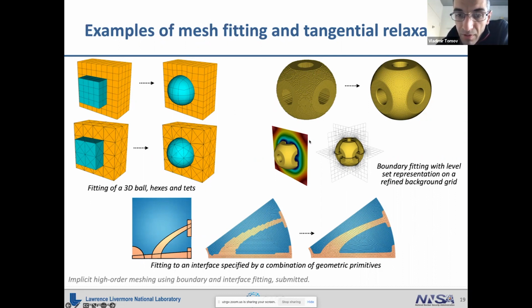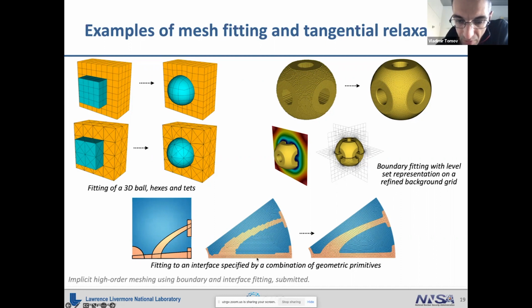Now, to do it for a boundary, to define the zero level set function, one needs a background mesh because the function must be known outside of the domain to have these gradients on both sides. So with that, there is a background mesh. It can be independent of the front mesh. This is the front mesh, and you move the nodes to get a fitting like this. And same idea for interfaces.